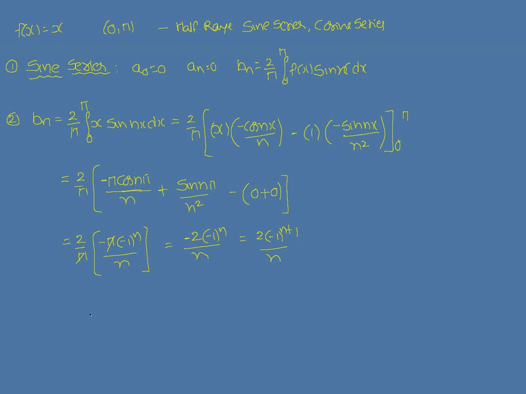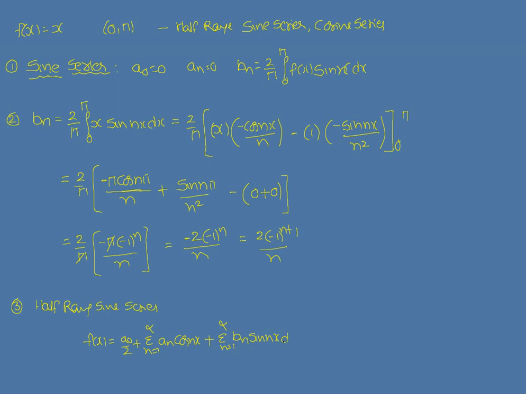Then what is the half range sine series? f of x is equal to a naught by 2 plus sigma n is equal to 1 to infinity an cos nx plus sigma n is equal to 1 to infinity bn sin nx.